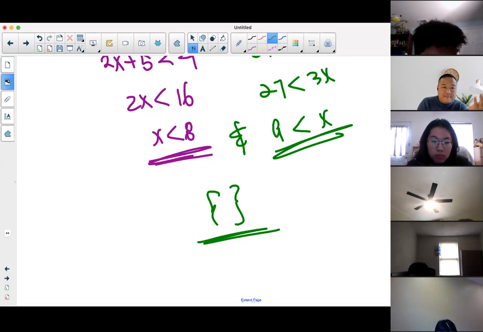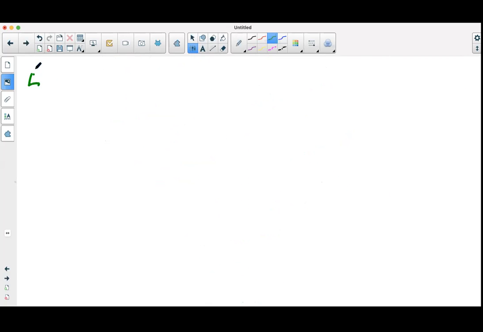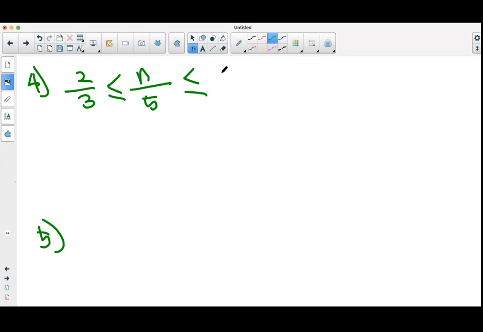All right, now we're going to continue on the same topic. Watch this one, guys. Ready? We have number 3 here. How about number 4, and then I'm going to give you number 5 right after. Here we have 2/3 is less than or equal to n over 5, which is less than or equal to 7 over 6. Find n.